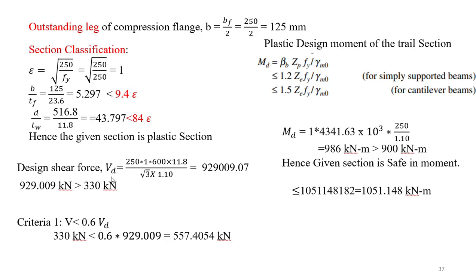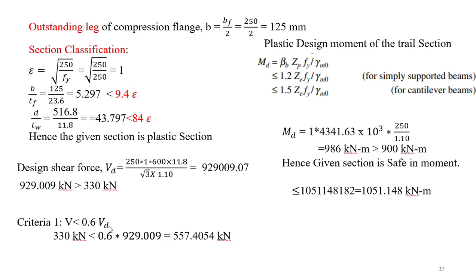For that purpose, we have to multiply this design shear force by 0.6. When I multiply by 0.6, I get the value of 0.6 VD as 557.4054 kilonewtons, whereas 330 kilonewtons is less than 557 kilonewtons.